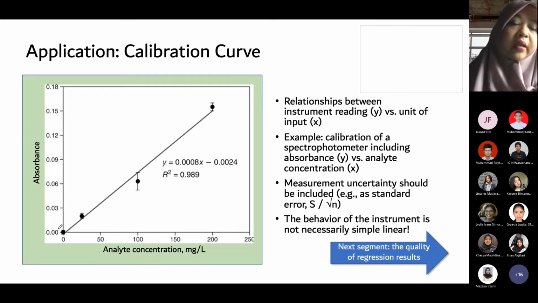For example, there are 4 data points, each with uncertainties, and we use Excel with the trend line, and then the equation, and you have the R square. The R square will tell you the quality of the regression result.